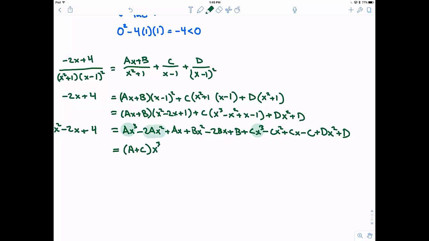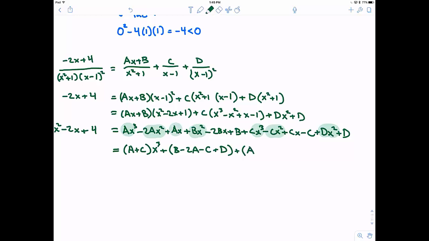All right, how about my squareds? Yes, here are quite a few squareds. Let me write first, maybe I'll do b since it's positive, minus 2a, minus c, and then plus d. There are all my squareds.